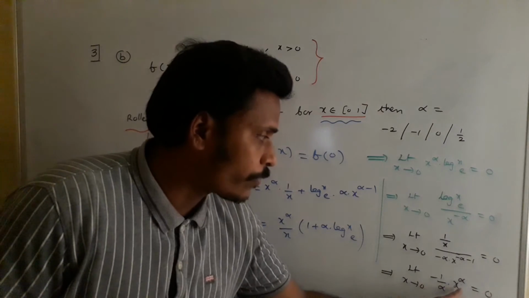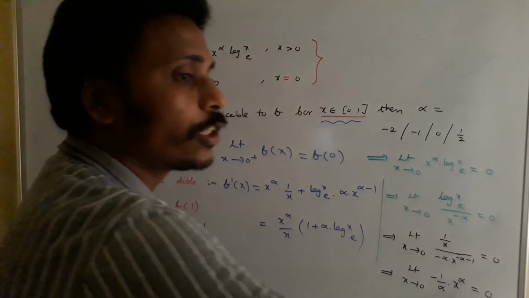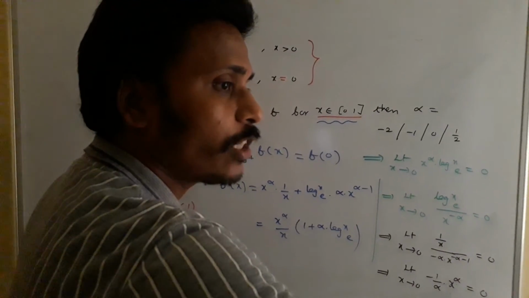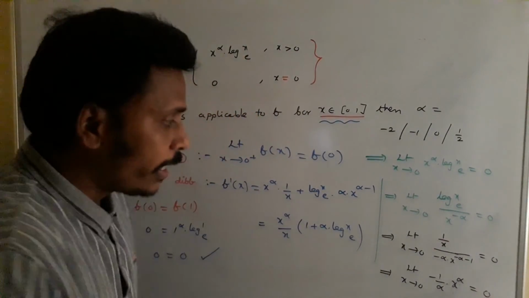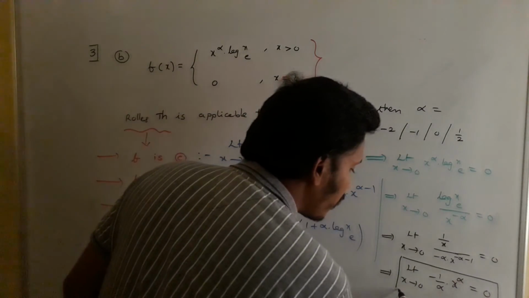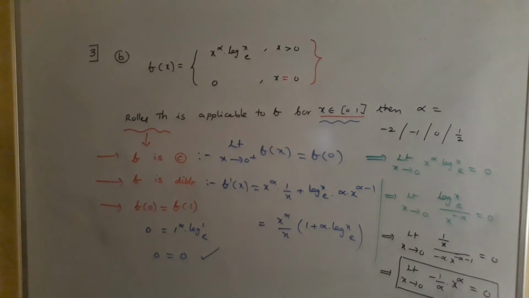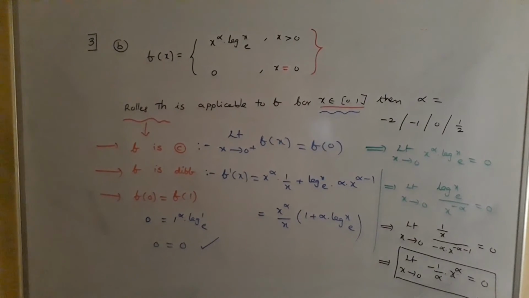If you replace x with 0, directly we will get 0. But it is possible only if alpha is positive. Just have it: limit x tends to 0 minus 1 by alpha into x power alpha is equals to 0 is the step at the end we have. This is correct. If you replace x with 0, clearly the limit value is 0.